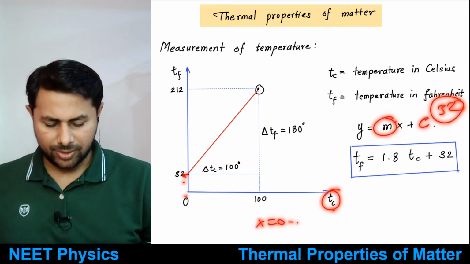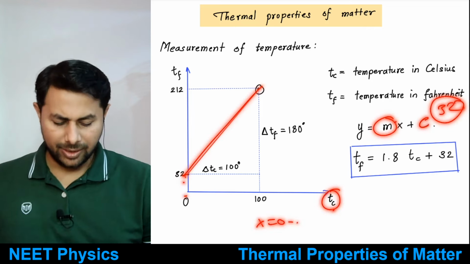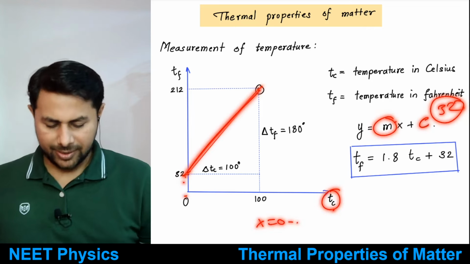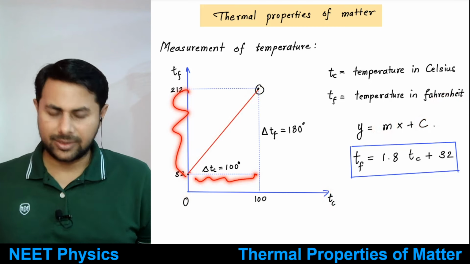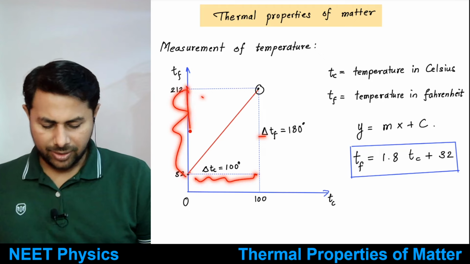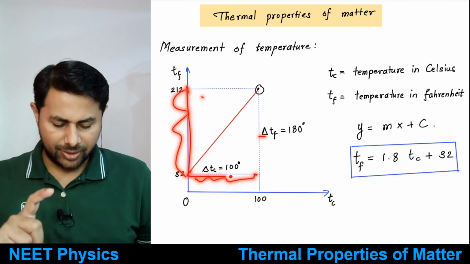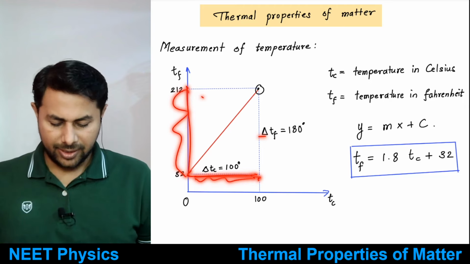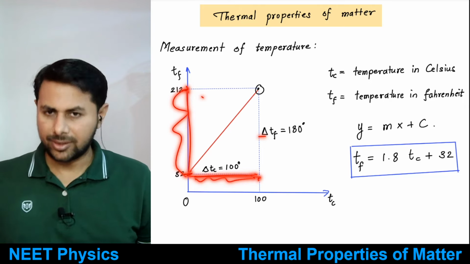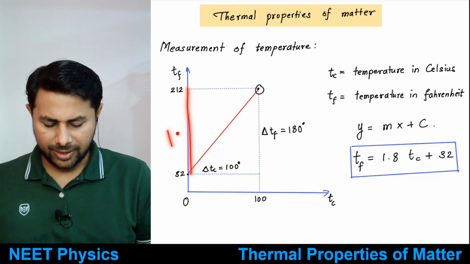So the slope is just the slope of this line. What would be the slope of this line? Change on the vertical axis divided by change on the horizontal axis. Change on the vertical axis is 180, change on the horizontal axis is 100. 100 degrees Celsius is 212 and 0 is 32, so this difference is 180.